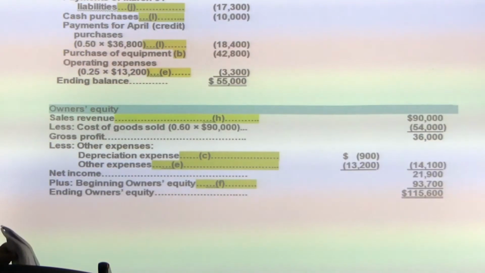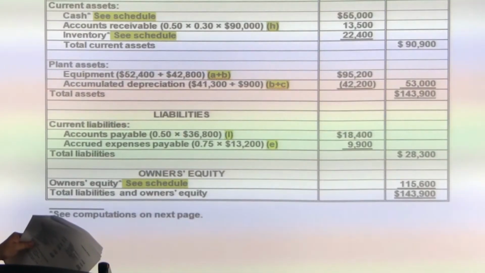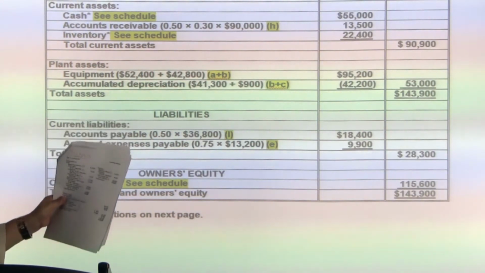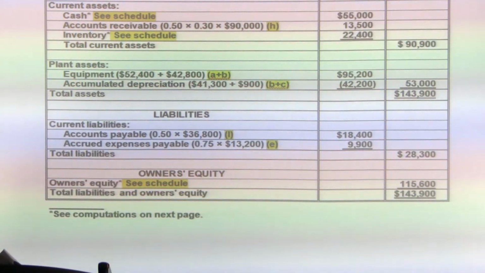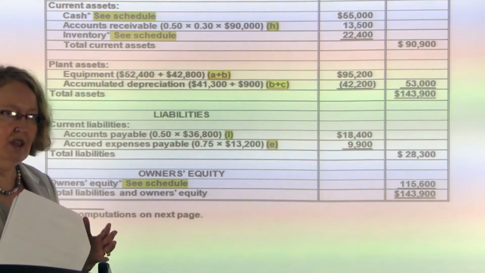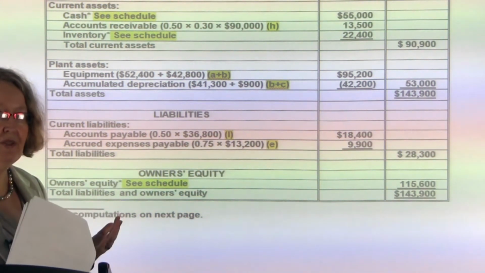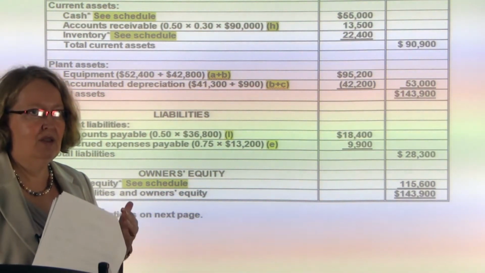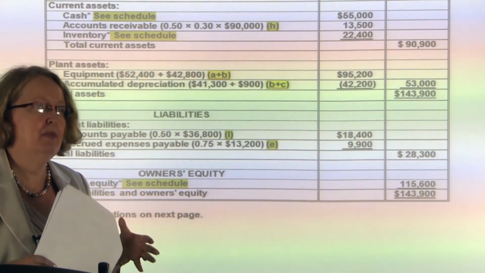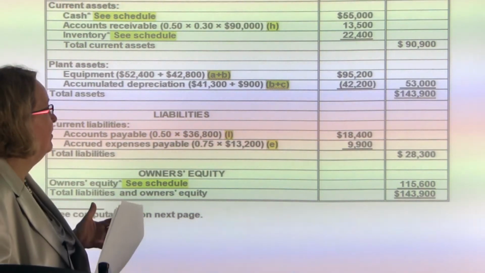Now we take the information that we calculated here and bring this back to our balance sheet. So we see our $55,000 for our cash, and accounts receivable, what you sold. You recall that of your sales, 70% was for cash and the remaining 30% was purchased on account. So people who bought that stuff will pay for it later in the month and the following month.